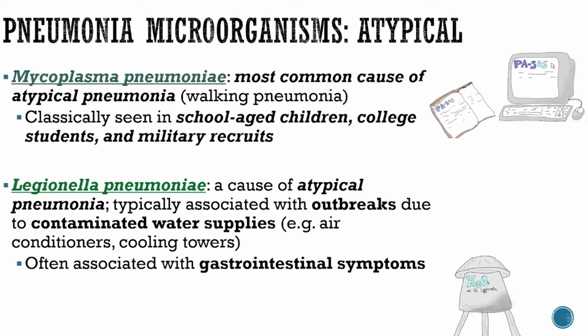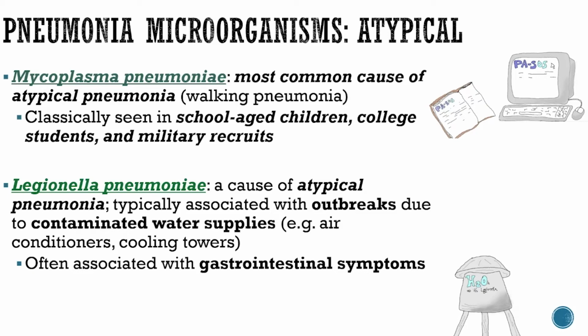Sometimes it's called a walking pneumonia. Classically, you'll see Mycoplasma pneumoniae in school-aged children or college students in their dorms, or even military recruits. And things like that are often a clear giveaway when you're reading a question stem that you're dealing with a Mycoplasma pneumoniae causing an atypical pneumonia.